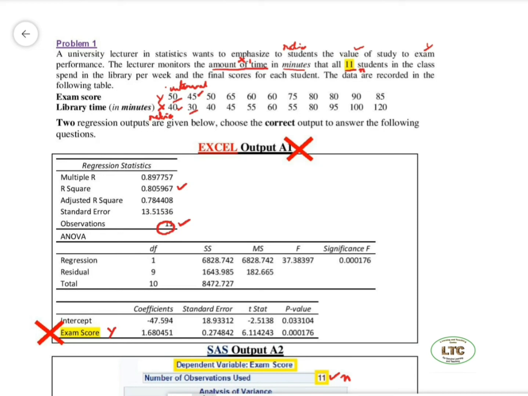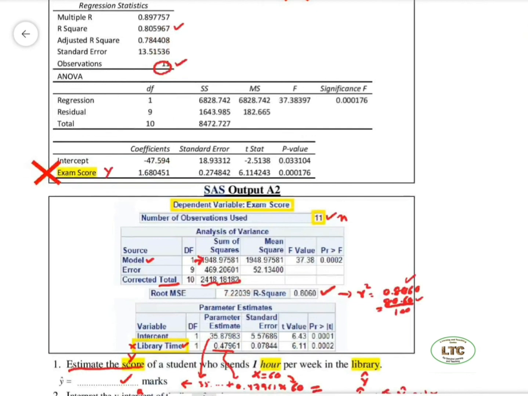The regression part is 1948, and this error is 469. This error will occur if you use this equation to estimate for each x. The total squared difference between y hat and actual y values is 469 units. So this error will remain.